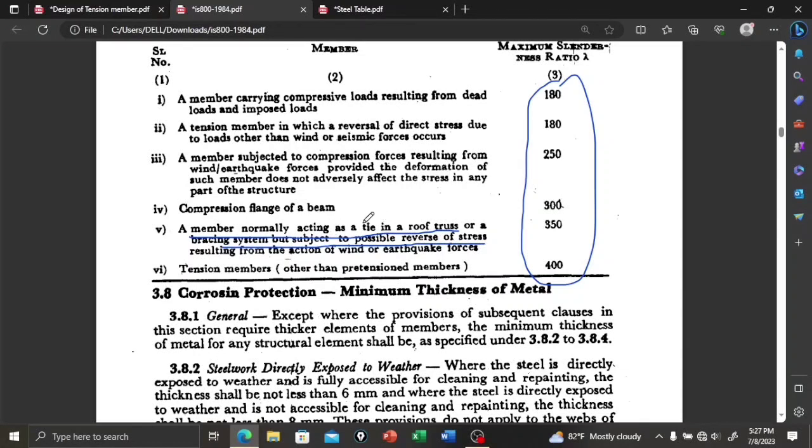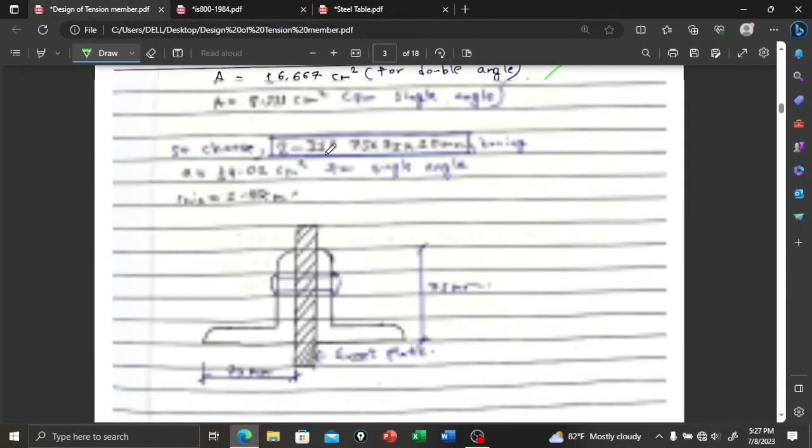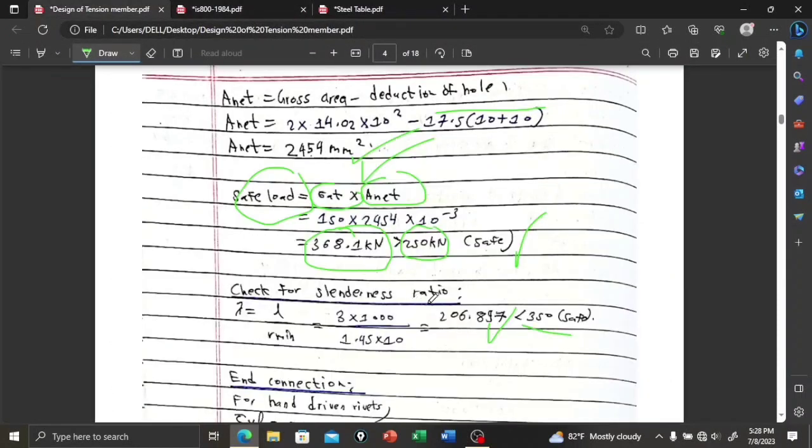A tie is subjected to tension force, but it may be subjected to possible reversal of stress from the action of wind or earthquake force. If wind or earthquake force occurs, then it should also resist compression. So for this, the maximum slenderness ratio lambda is 350. It should be maximum 350, but it's only 206, so it is okay.